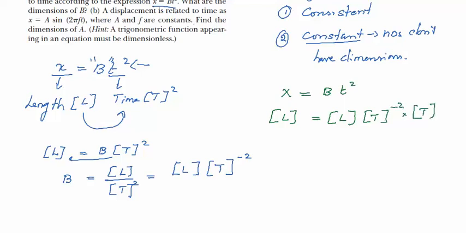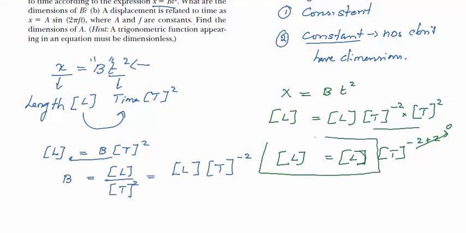These two will become t to the power negative 2 plus positive 2. They go to 0 and you're left with L equal to L. So voilà, the consistency is maintained. Therefore, your dimension analysis is correct.